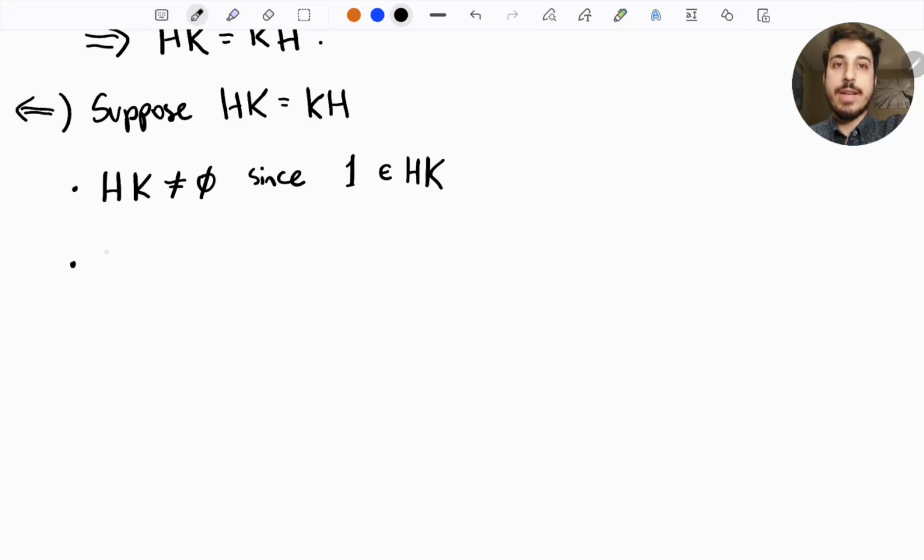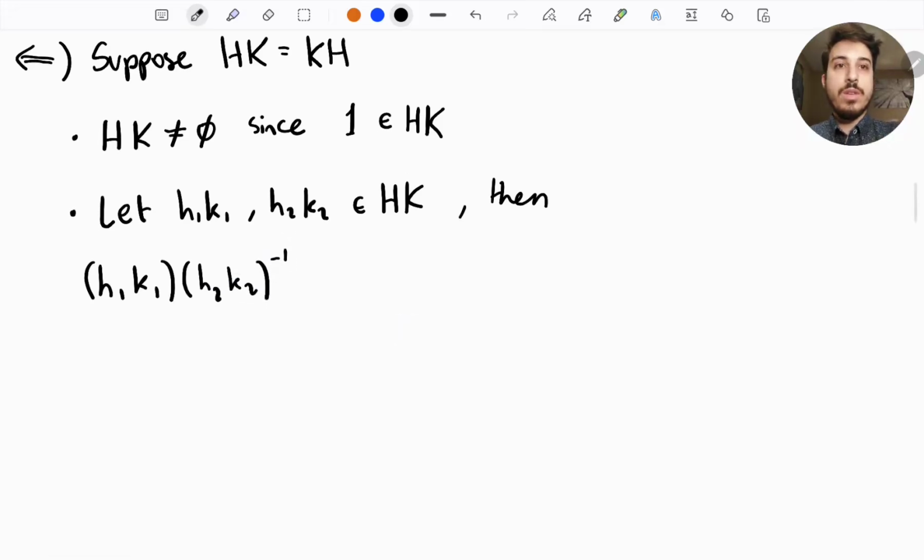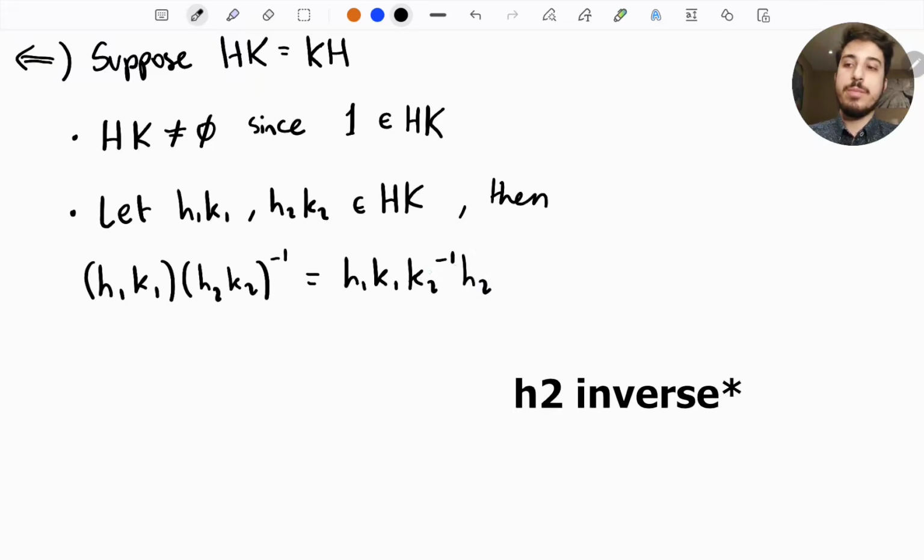The second thing is that if we have h1 k1 and h2 k2 in HK, we would like to prove that h1 k1 times the inverse of h2 k2 is also in HK. So this is equal to h1 k1 k2 inverse h2 inverse.